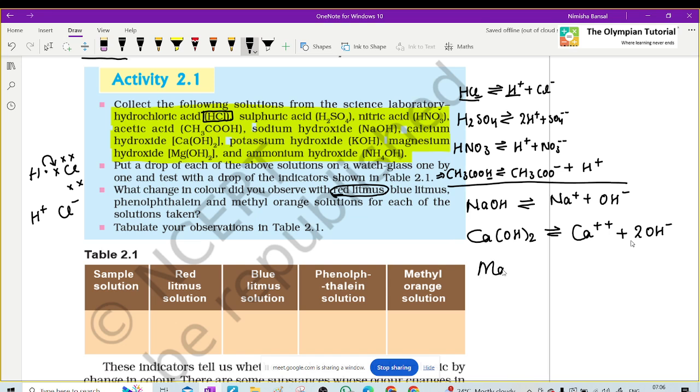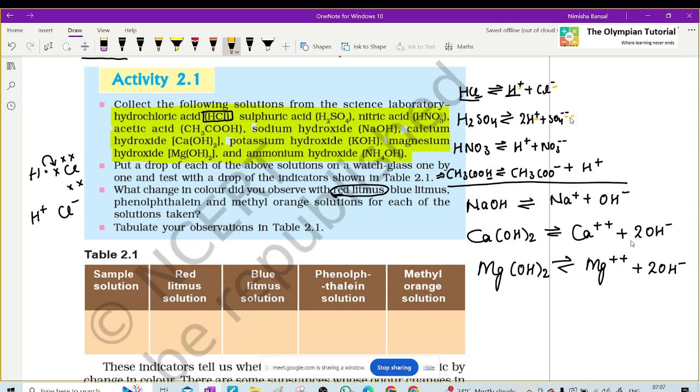Magnesium hydroxide, what will it give? Magnesium ion and hydroxide. Magnesium is 2 plus, and 2 OH minus. One more thing, Thanya, 1 plus and 1 minus, it should be 0. Here 2 plus for 2 hydrogen ions, and 2 negative charge on sulfate, so it will finally become 0.